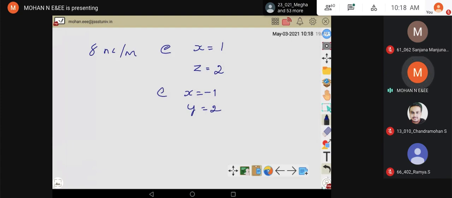One is situated at x is equal to 1 and z is equal to 2. Which plane is it? Here y is varying, and here z is varying.